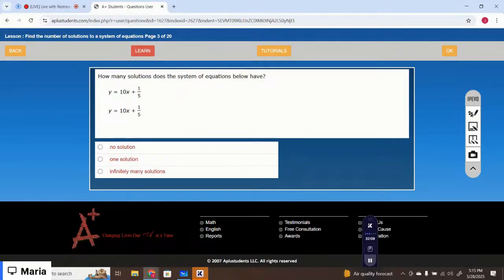How many solutions does the system of equations below have? Y equals 10x plus 1 over 5 and y equals 10x plus 1 over 5.